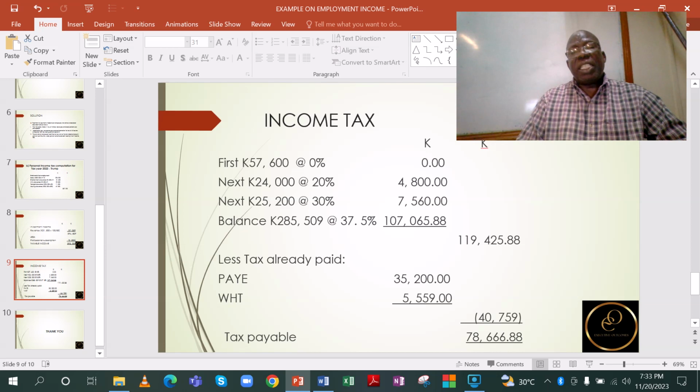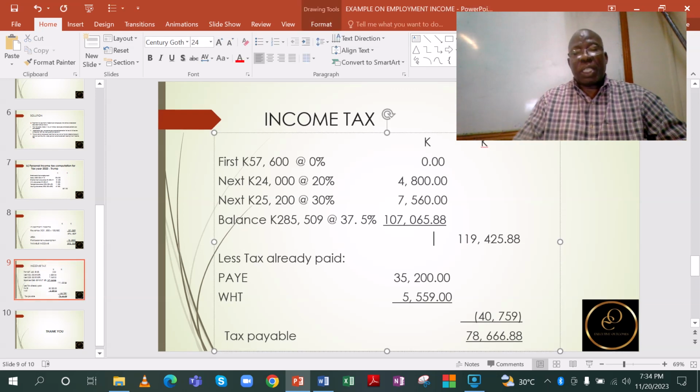So when you add these, you get total taxes amounting to 119,425 kwacha 80 ngwee, which is the sum of these taxes. So we can say that this particular amount is the tax liability.